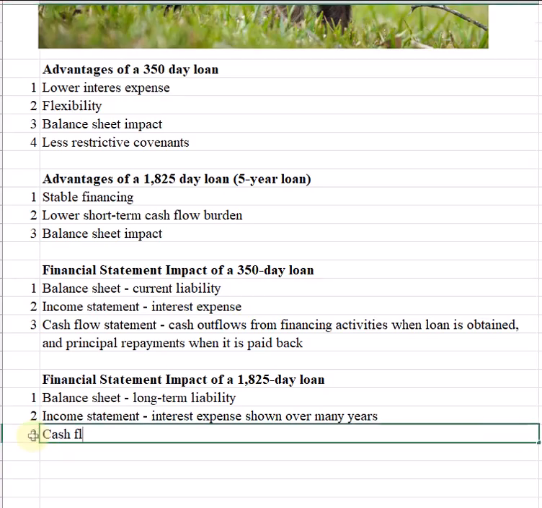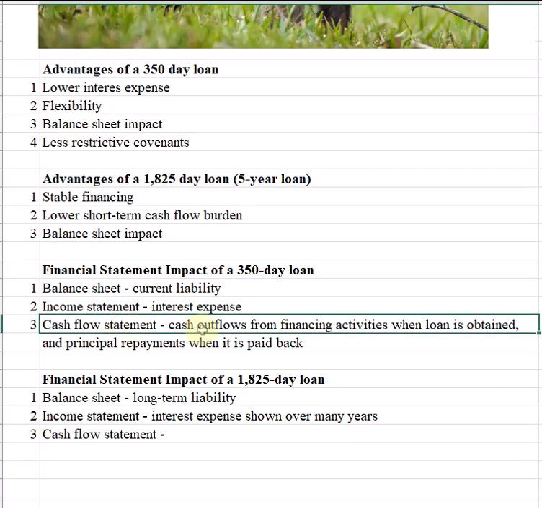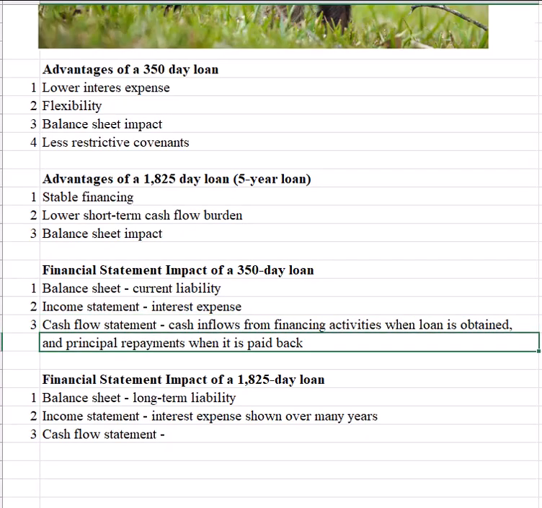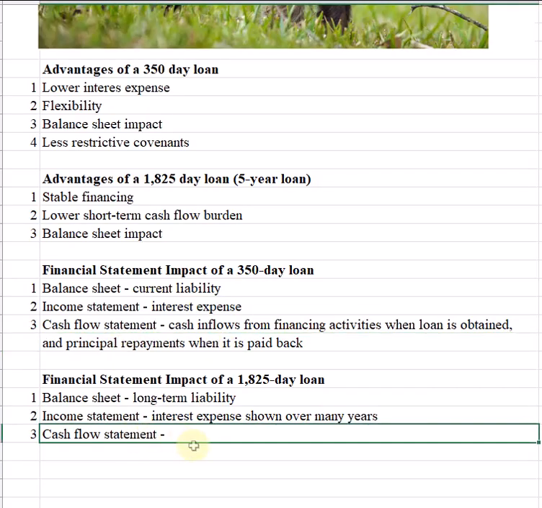Now, in terms of the cash flow statement, what are we going to see? Oh, by the way, this up here says cash outflows. That should be cash inflows. Correct that. Cash inflows when the loan is obtained. And then principal repayment when it's paid back. So it's a cash outflow when it's paid back. I wanted to correct my earlier misstatement here.